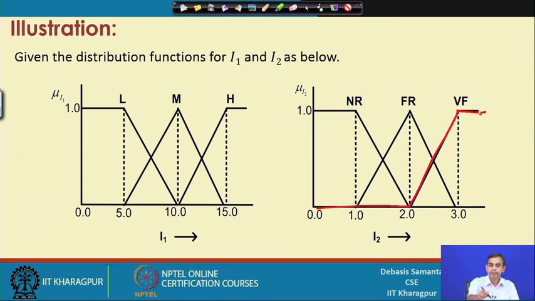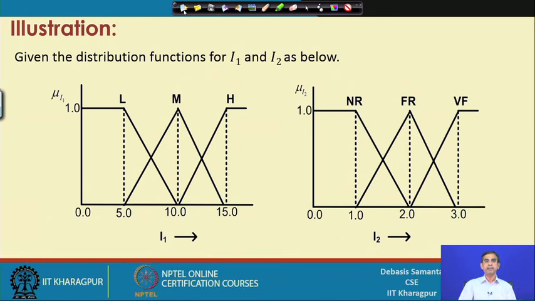So, these are the fuzzy states for the 2 inputs I 1 and I 2. Mu I 1 is the membership values for the different fuzzy states belonging to input I 1, and mu I 2 is the membership values for the different fuzzy states belonging to input I 2.